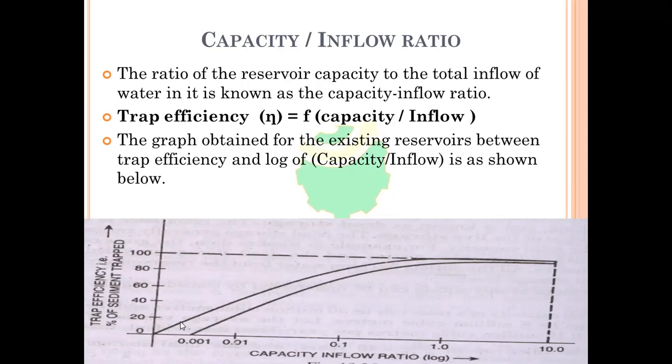The graph initially is a fast increasing curve. After that, it reaches a stable, straight line position.